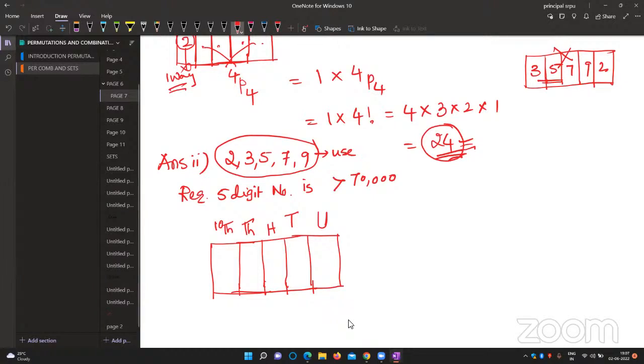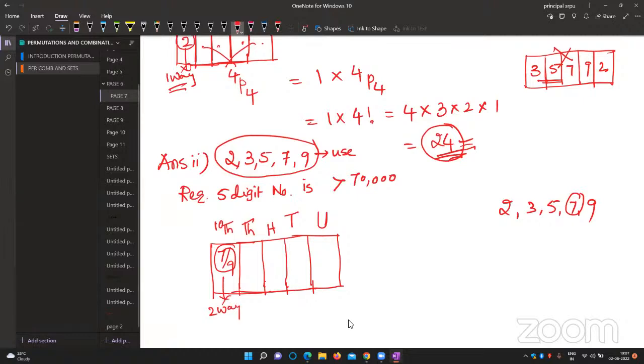Greater than 70,000 means the ten-thousandth place can be filled with 7 or 9. That means to fill up this place, we have got 2 ways.